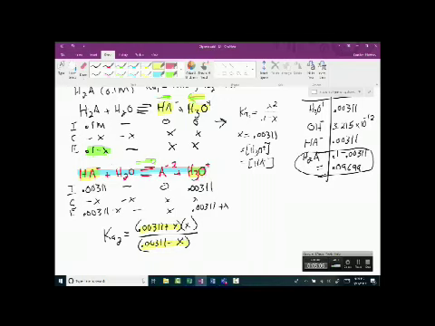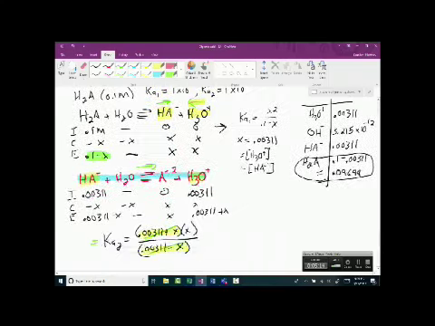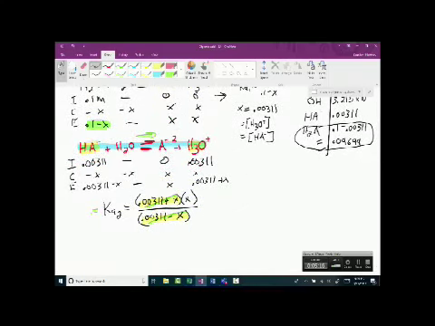And so if I make those assumptions and they're good, x equals Ka. And so what was Ka? I forget. 10 to the minus 8th. So Ka is 1 times 10 to the minus 8th. And so x equals 1 times 10 to the minus 8th. And that makes our assumptions clearly good by a large margin. And so A minus 2 equals 1 times 10 to the minus 8th.